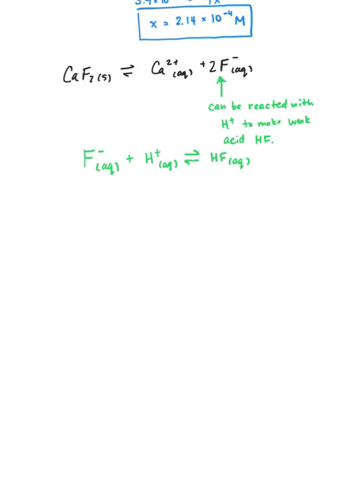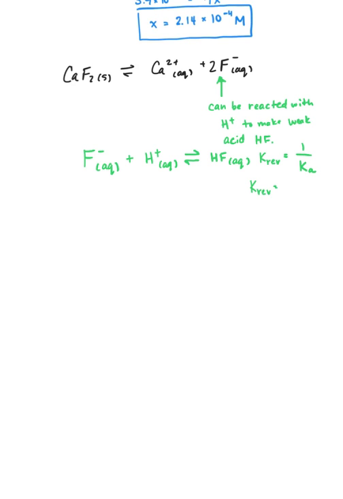But in this reaction, we have reversed the direction of a normal acid dissociation. Anytime we reverse a reaction, our reversed reaction's equilibrium constant is equal to 1 over the equilibrium constant of our normal reaction. In this case, reversing an acid dissociation.